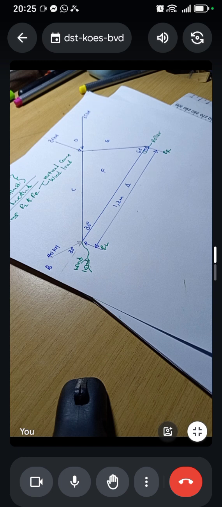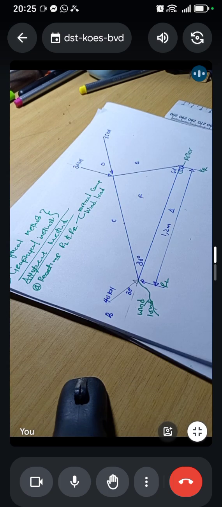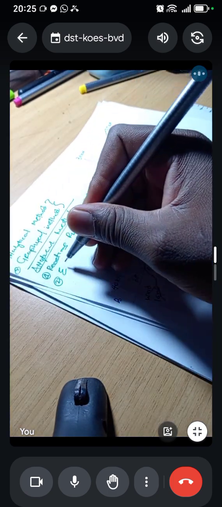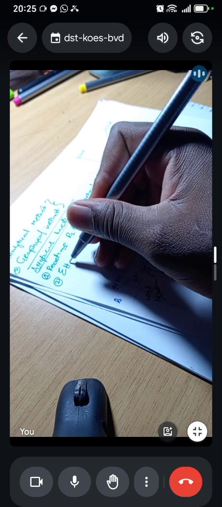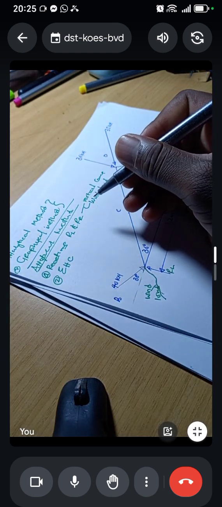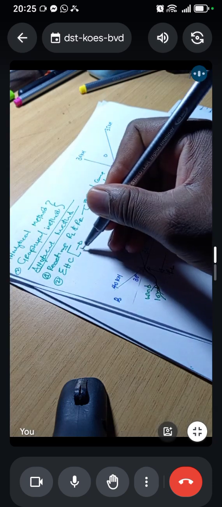Let's continue. Now, number 2, you have to find the sum of the horizontal components, right? When it's going to the right, it's positive. When it's going to the left, it's negative. Good.